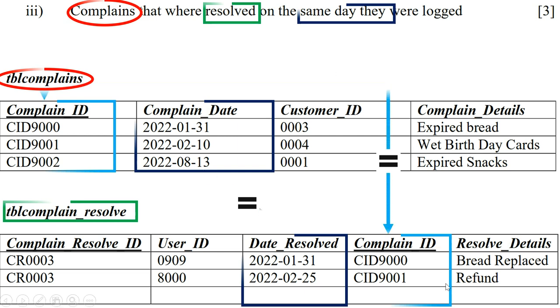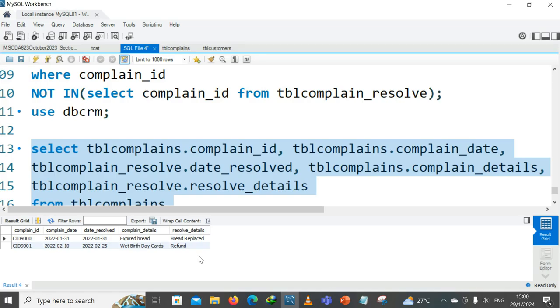But were they resolved on the same date they were lodged? This was resolved on the 31st of January, which is the same date in which the complaint was lodged. This one was resolved on the 25th of February, of which it was lodged on the 10th of February. Therefore, this one we don't want it.